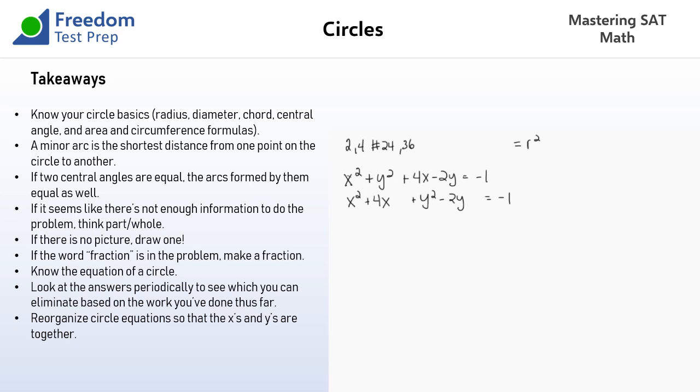In order to get this mess looking like x minus h squared plus y minus k squared, which is the equation of a circle, it doesn't look like that yet. We want to get it closer, and what we need to do is something called completing the square.